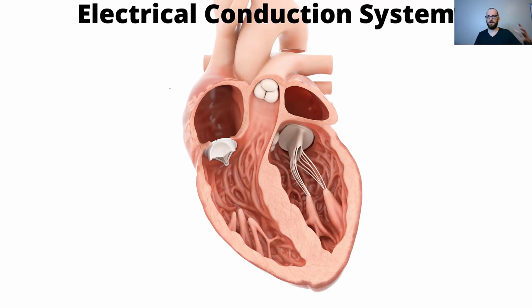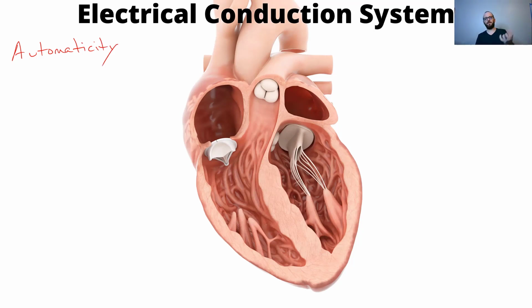But we know the heart is a muscle, and muscles are stimulated to contract based off of an electrical impulse, right? That electrical signal from the nervous system. Well, the heart has its own electrical system, this electrical conduction system. And one of the common terms that we use, and you see on test questions, is the principle of automaticity.